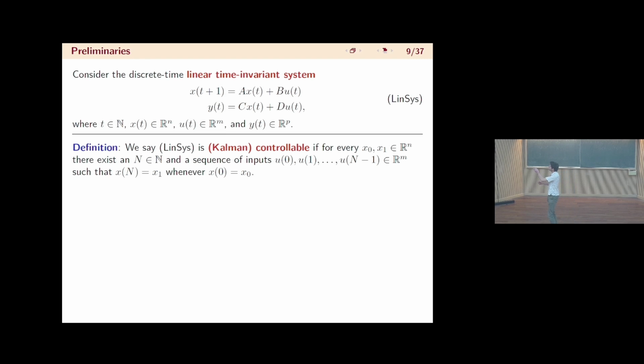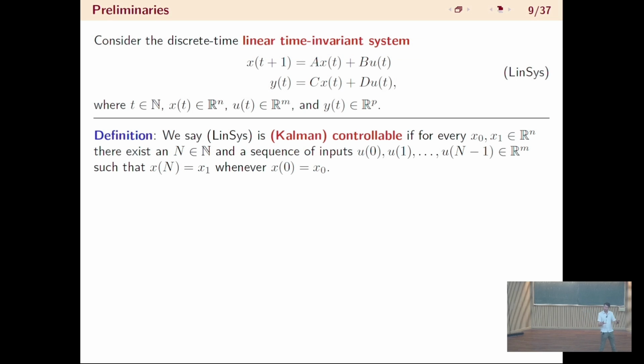Which means that if I initialize my system at time 0 at this point x0, then at time n, I must end up at the point x1. And I must be able to do that for any pair x0, x1 that you give me. So for any initial state, I must be able to find the control input that steers my system to this arbitrary final state, x1. In that case, we call the system controllable.